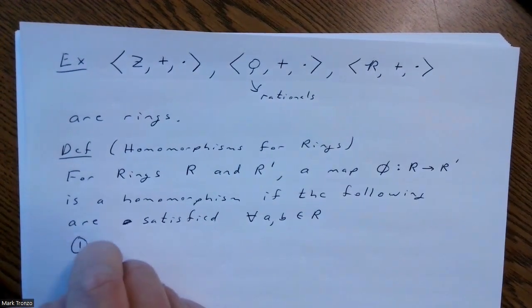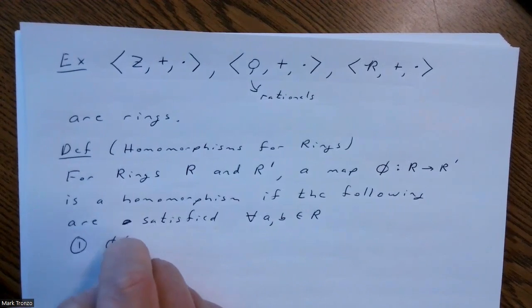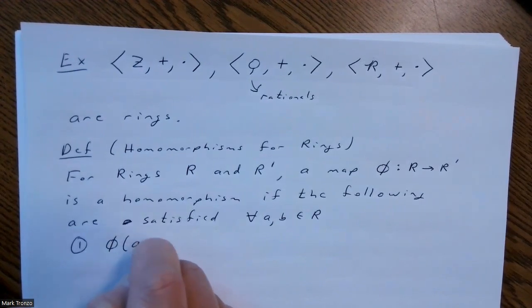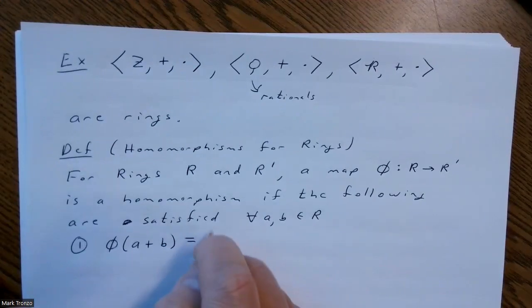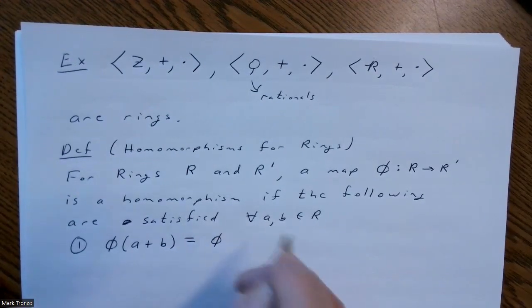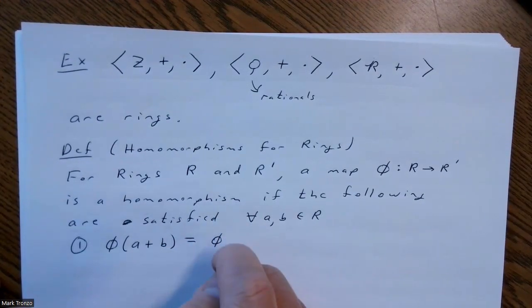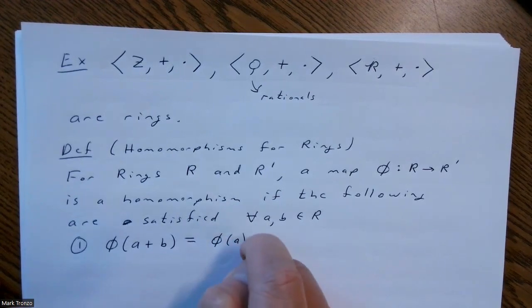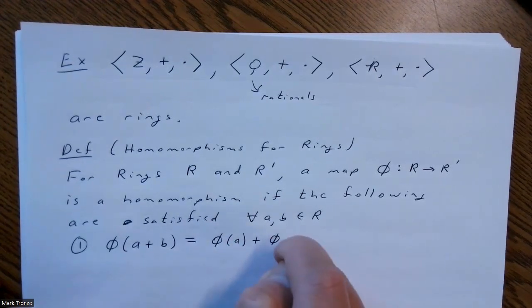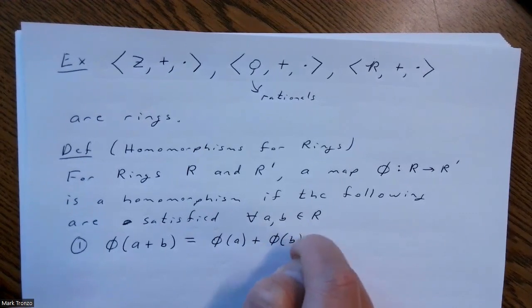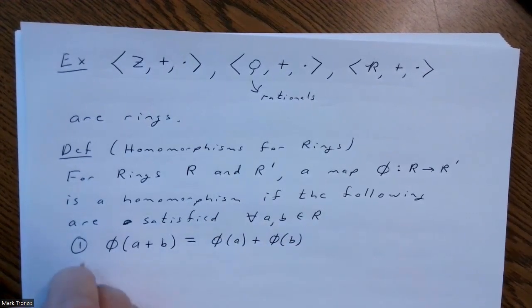And in some ways, this is even clearer than the homomorphisms that we had for groups, because it really makes it clear that under the one operation this is true, and under the other operation it's also true.